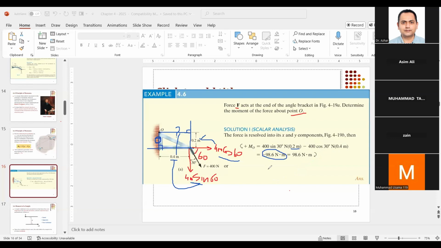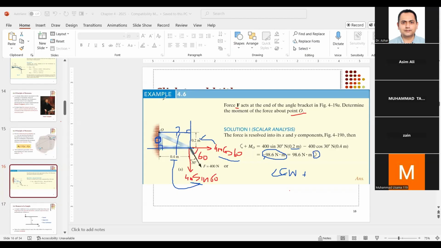Minus means that it is clockwise. Here we have used counterclockwise as positive. So either you use a minus sign or you use a small arrow showing that it is a clockwise moment.